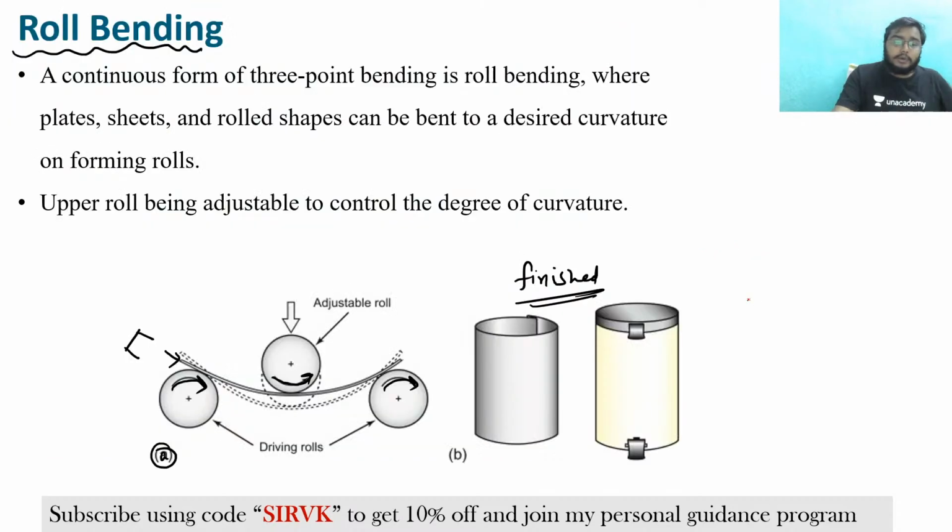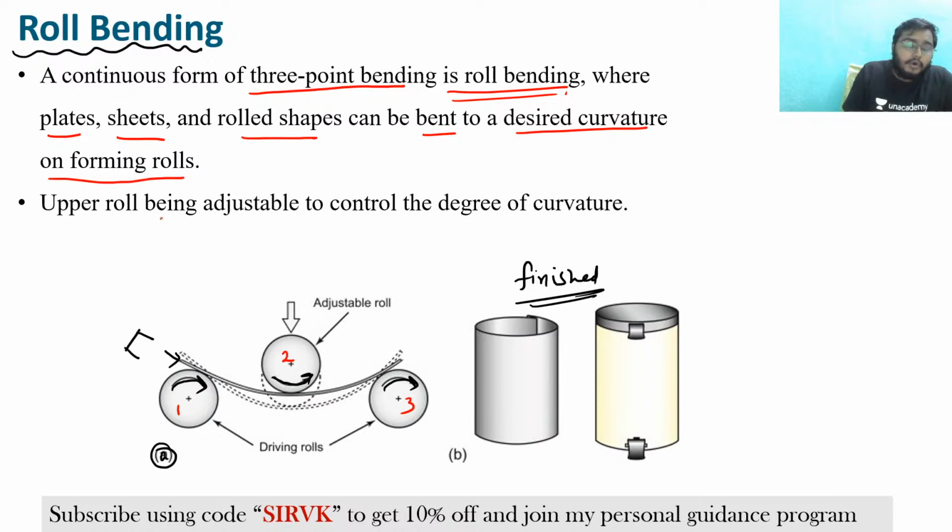Fine. So what you can understand from here, it is a continuous form of 3-point bending. 3-point bending is there: first point, second point, third point. It is known as roll bending, where plates, sheets and rolled shapes can be bent into a desired curvature on forming rolls.